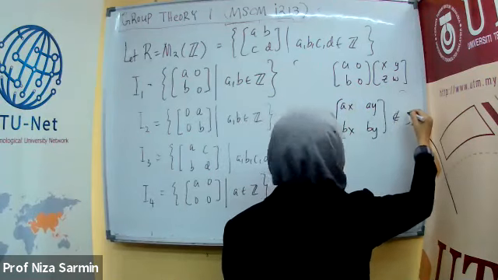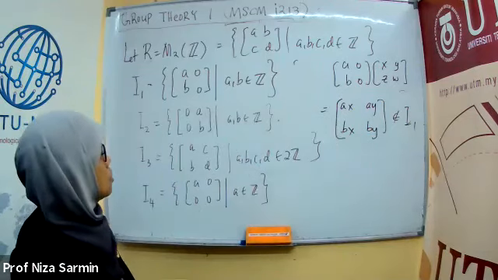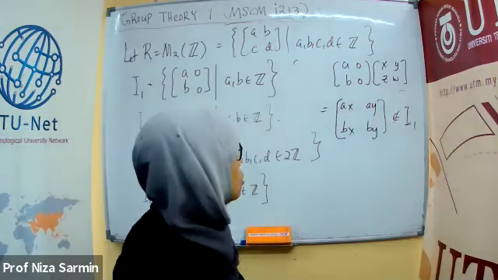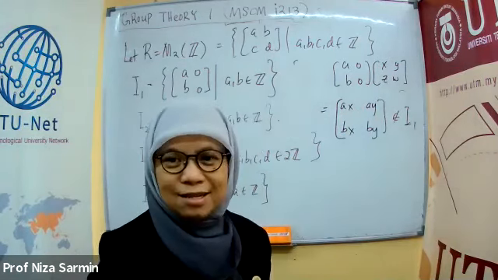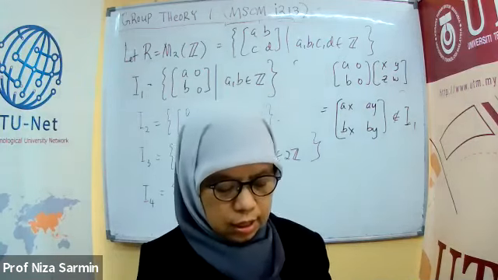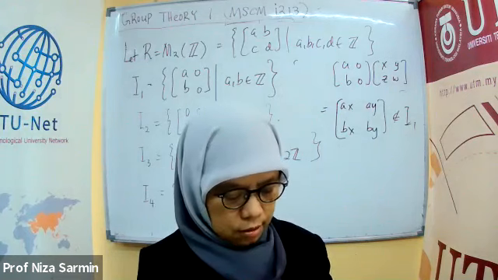This is not in I1 because this is not 0. So it is not a right ideal. It is only a left ideal. Then you can check the rest.